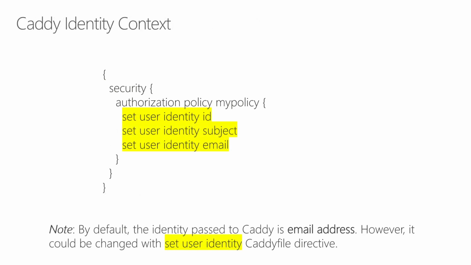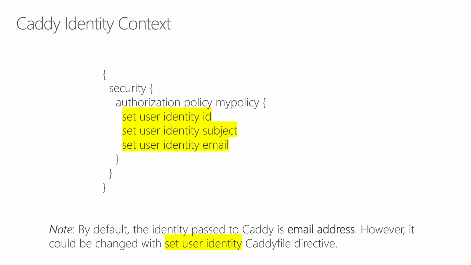Identity context. So there is something called identity context. In theory, downstream plugins, the plugins invoked after this one, would want to see or access identity information of a user.